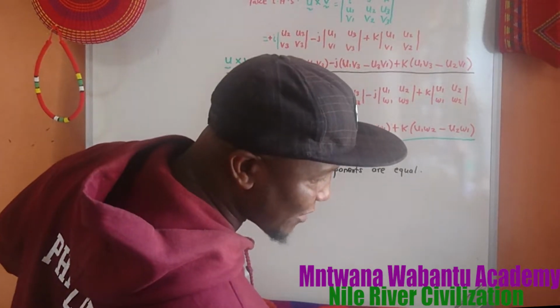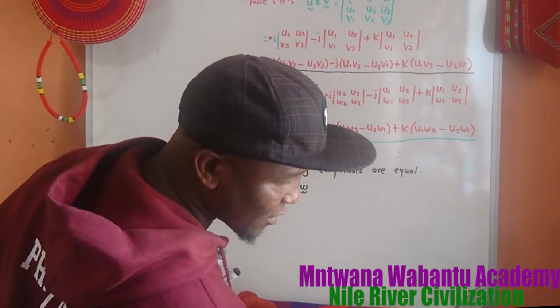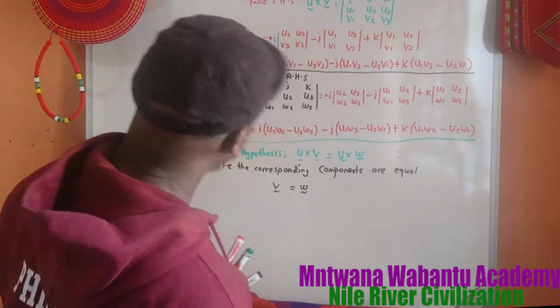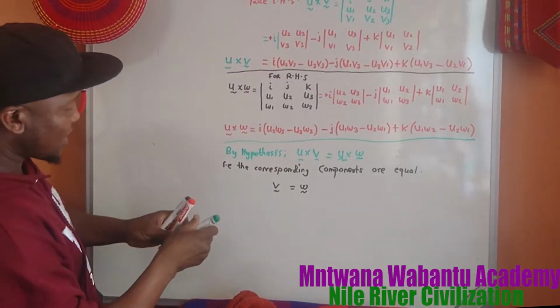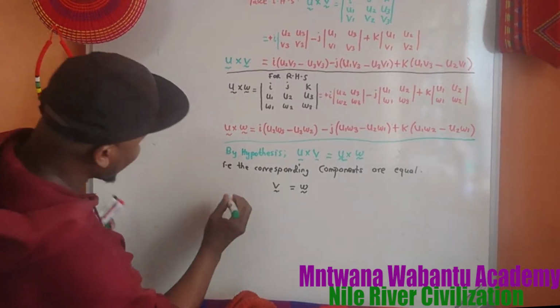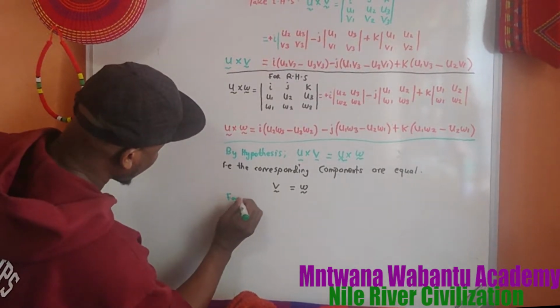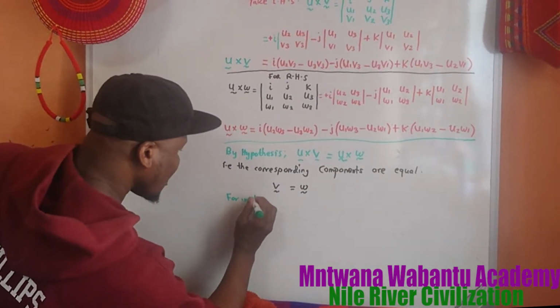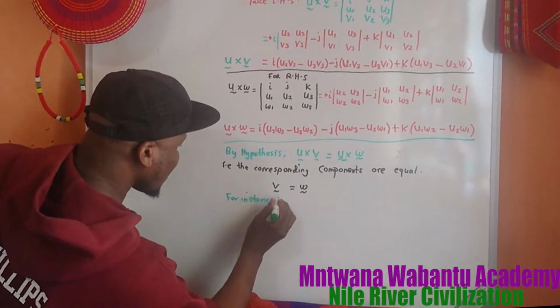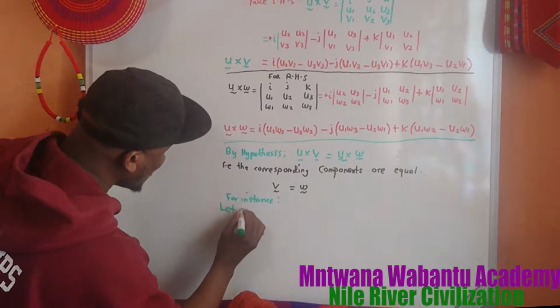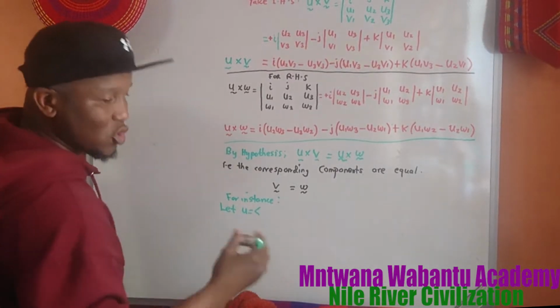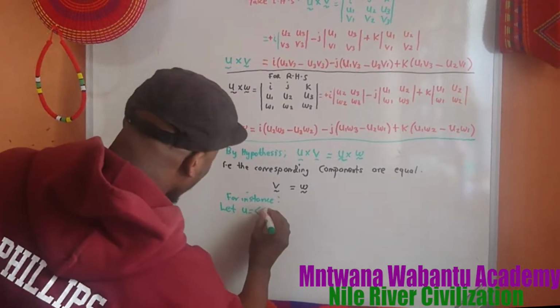Let's take a vector U, for instance. Let U be U1, U2, U3 equal to 1, 2, 0.